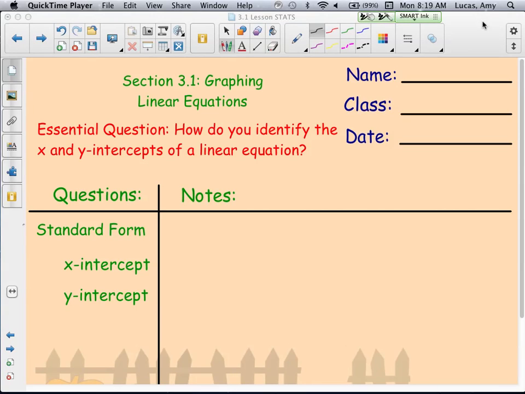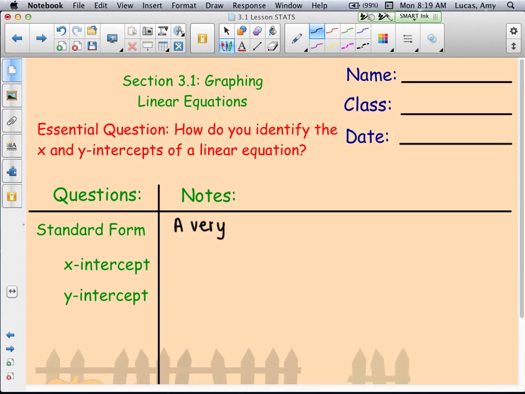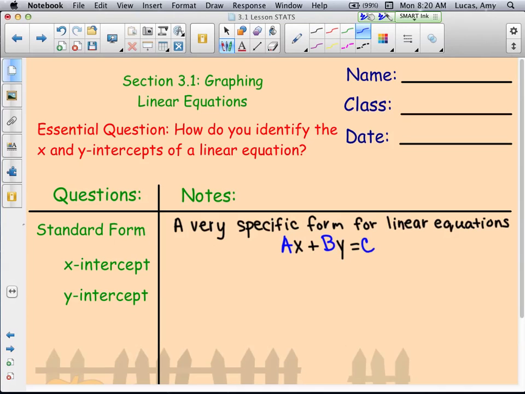Standard form is a very specific form for linear equations. This form looks like this: ax plus by equals c.